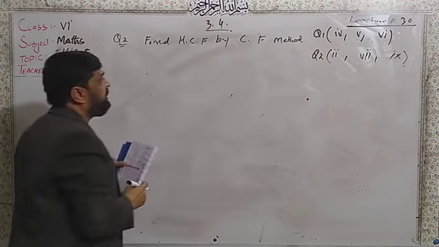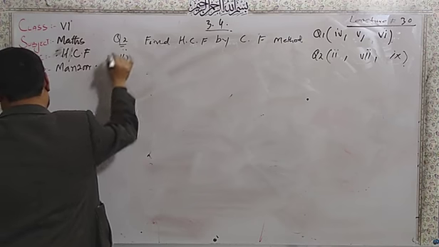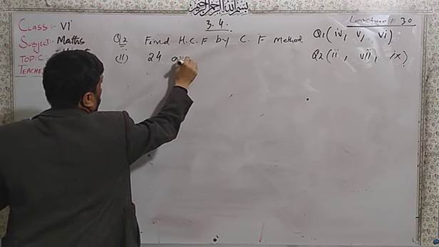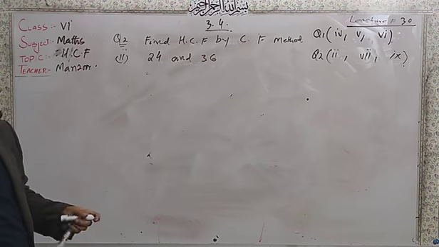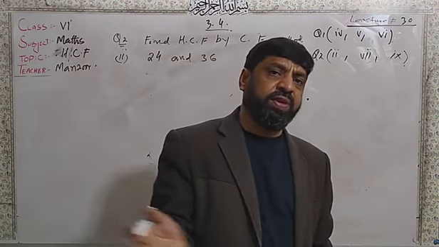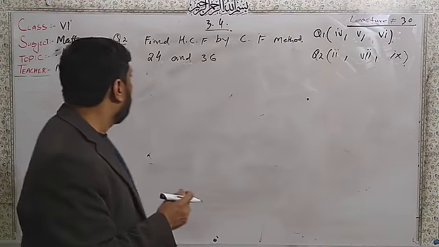Dear students, here I am given part number 2, and it is 24 and 36. In this method, same as the part that I did in question number 1, find the factors, then common factors, then the highest common factor.